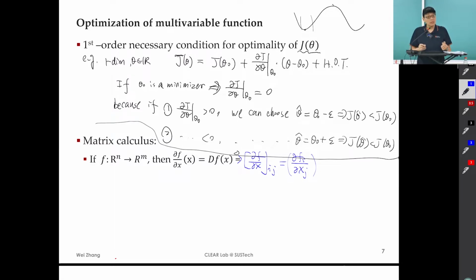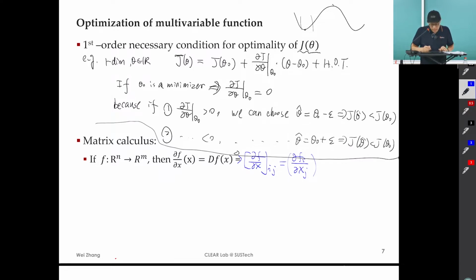You see what I mean? The derivative only tells you, if you move x a little bit around the jth coordinate, how the ith coordinate of f changes. The slope is how fast they will change, okay? You can think about a vector as just putting together the scalar definitions, okay?